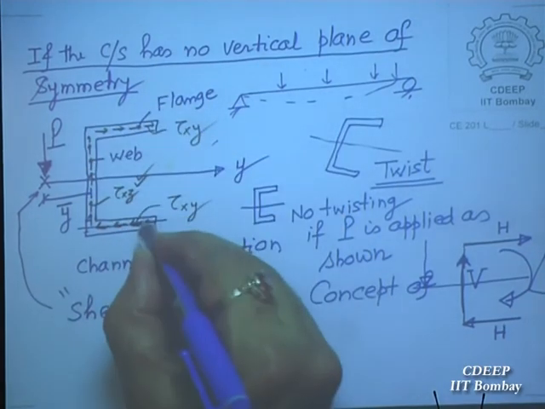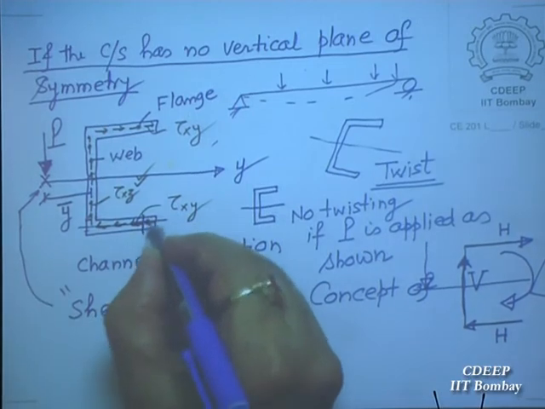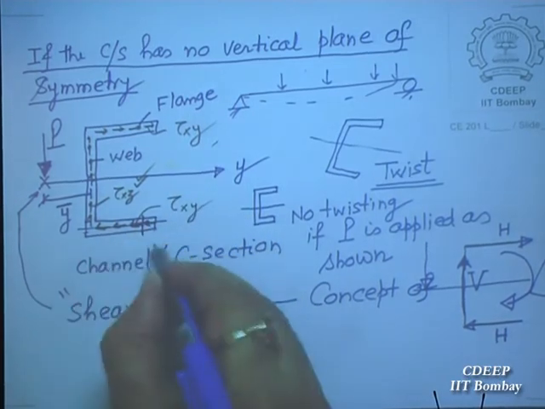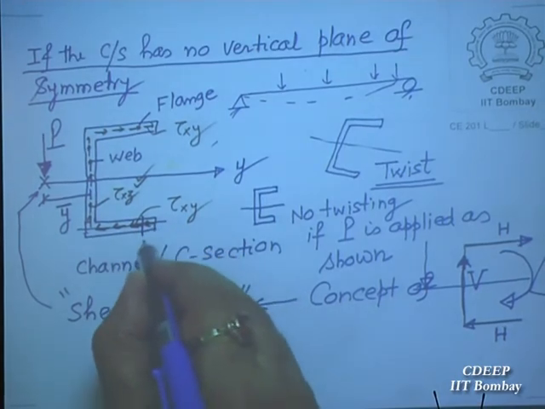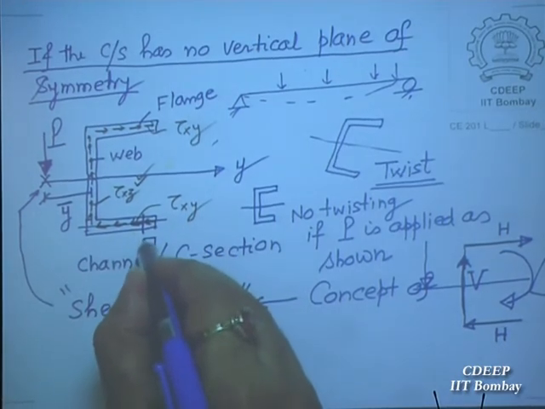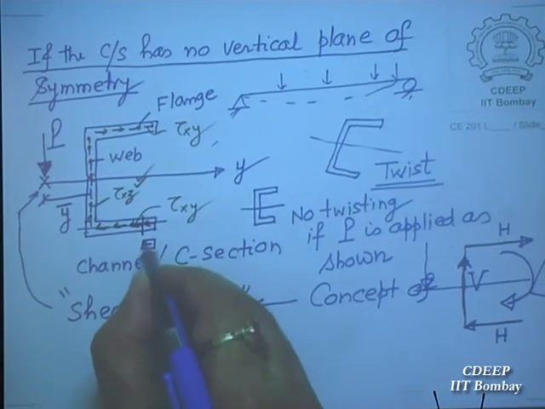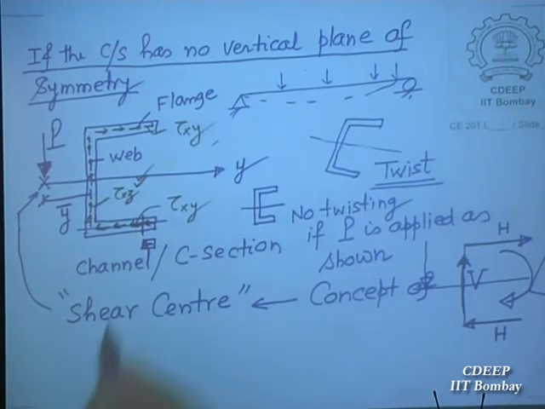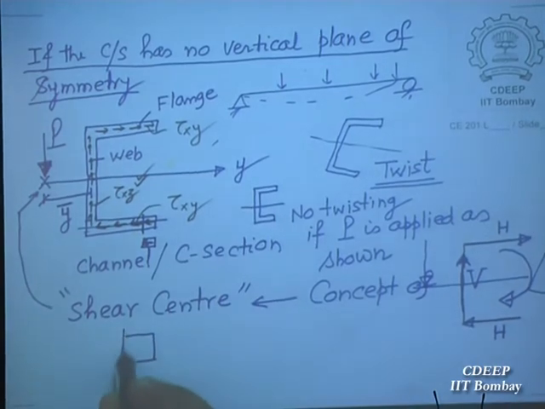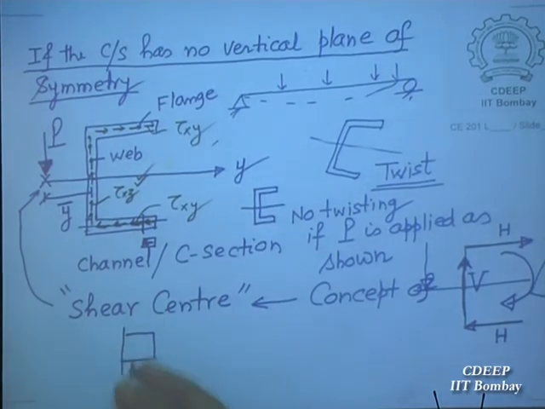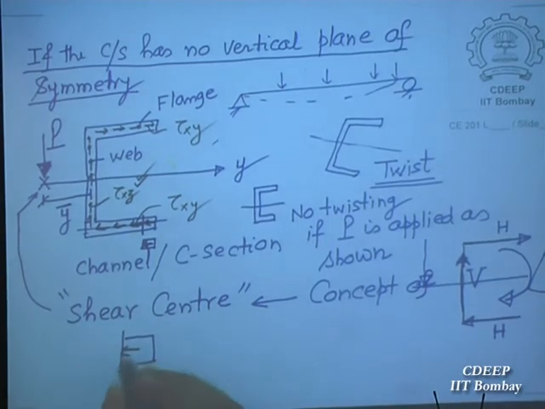And at any cross section here, I have to cut this because I have to see the variation, because this will not remain constant. It will be varying from here to here. So I take a small section like this, a cut, and find out the shear stress tau xy here.